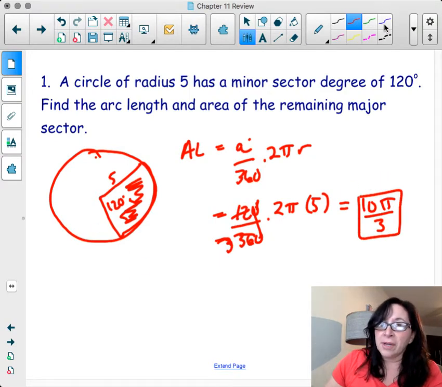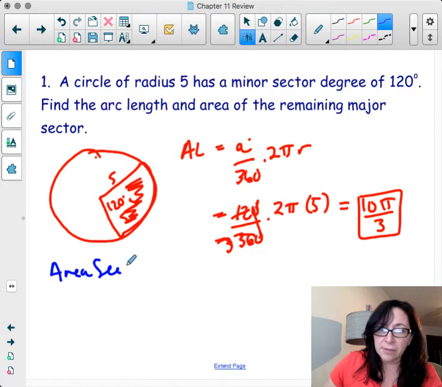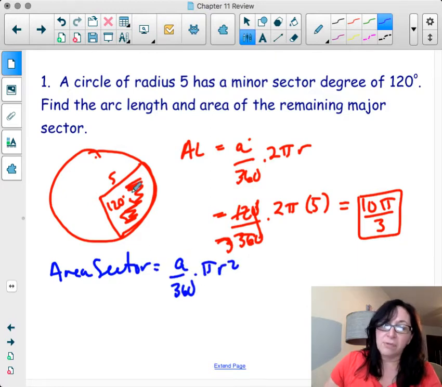For the area of that sector, we'll say area of the sector equals arc degree over 360 times pi r squared, because we're finding the area of the whole circle, but then taking just a fraction of it, and that's the 120 degrees.